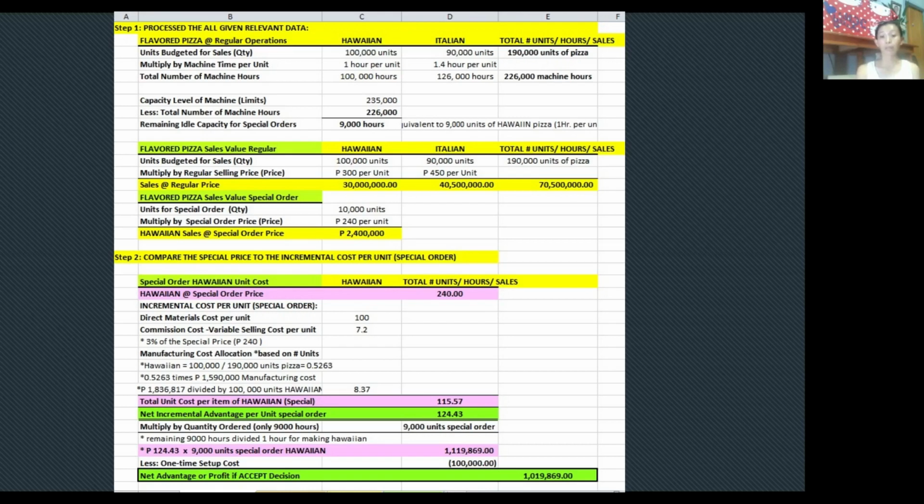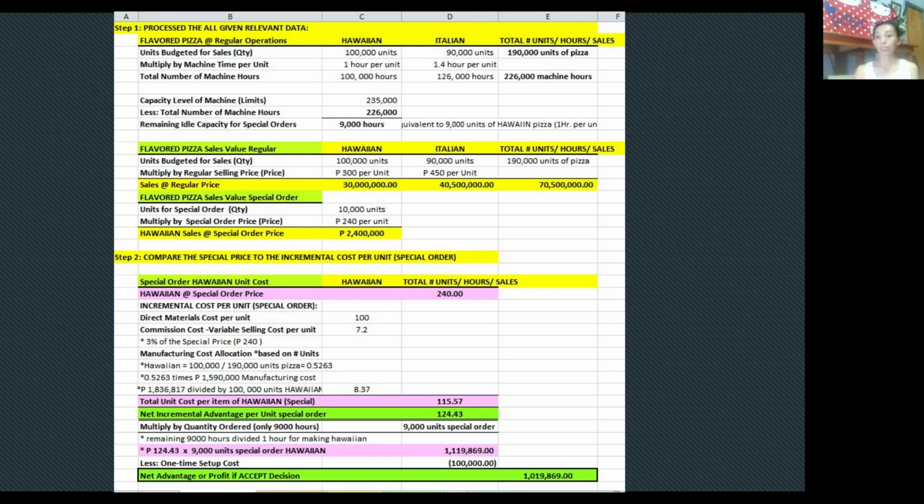They only have 226 machine hours. So if their normal operation is they produce 100,000 units of Hawaiian times 1 hour per unit, the Hawaiian 100,000 units will require 100,000 hours, and the 90,000 units of Italian will require 126,000 hours, because 1 unit of Italian takes 1 hour and 40 minutes to produce.